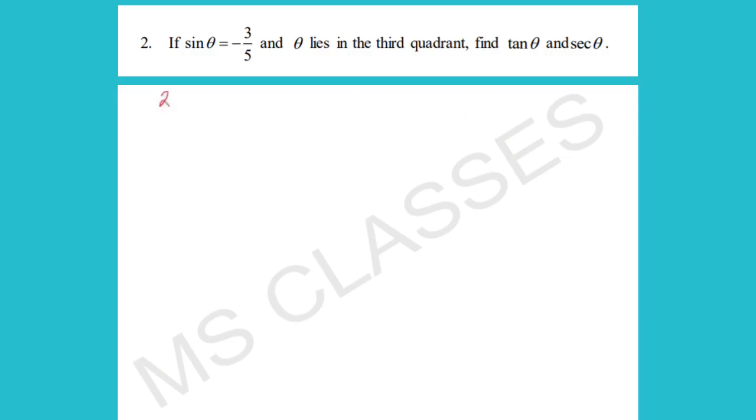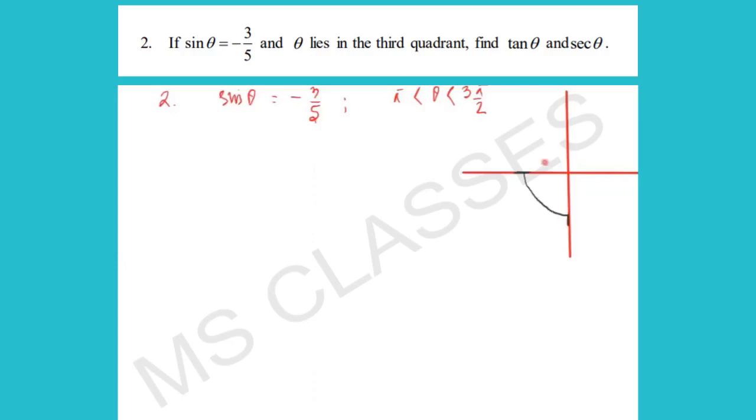Question number 2. Sin theta equal to minus 3 by 4. Theta lies in which quadrant? Third quadrant. Third quadrant means theta is greater than pi and less than 3 pi by 2. That is all the angles between these two.